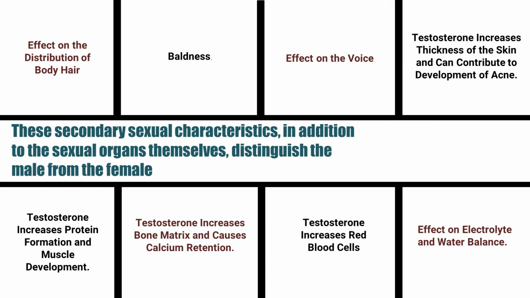Testosterone increases the thickness of the skin over the entire body and increases the ruggedness of the subcutaneous tissue. Furthermore, it increases the rate of secretion by some or perhaps all of the body's sebaceous glands, especially on the face, and this can result in acne, which is one of the most common features of male adolescents.